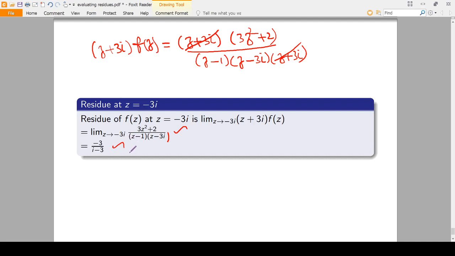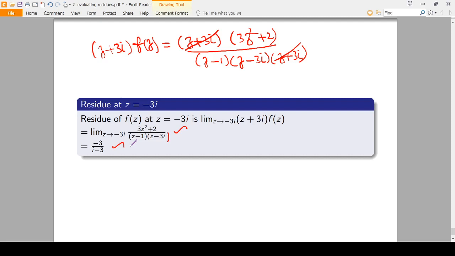So now what we have done is we have evaluated the residues of certain functions. The evaluation of the residue depends upon the pole of order 1 or above. If it is of order 1 or simple pole, use the first formula, that is multiply f of z with z minus a and allow the limit z tending to a.